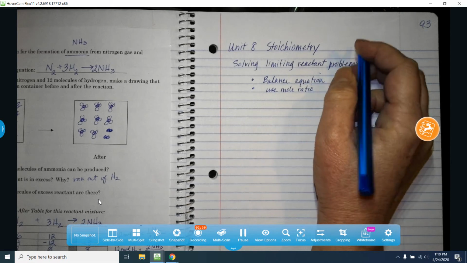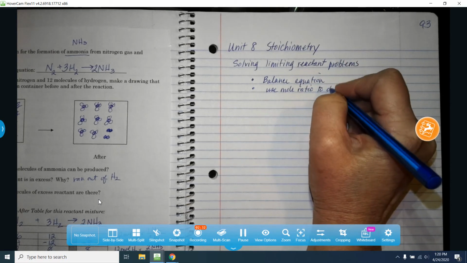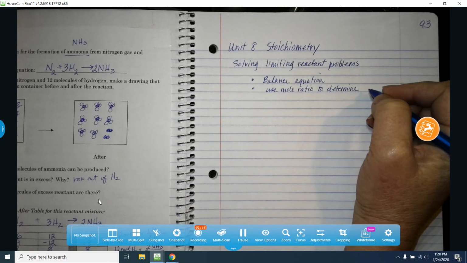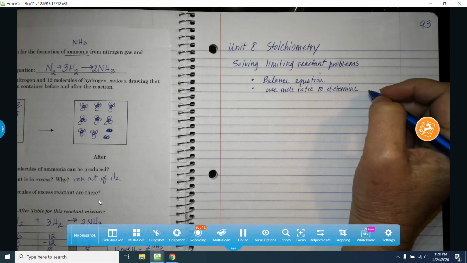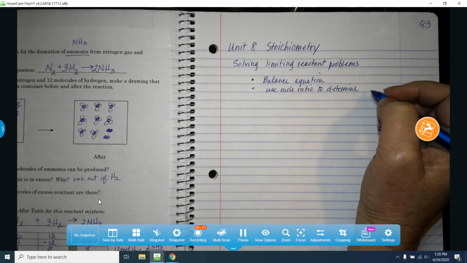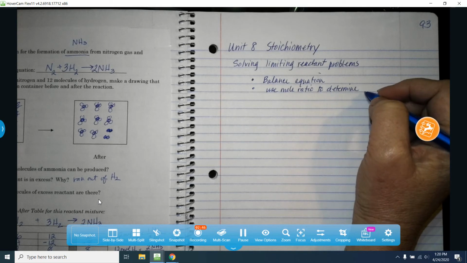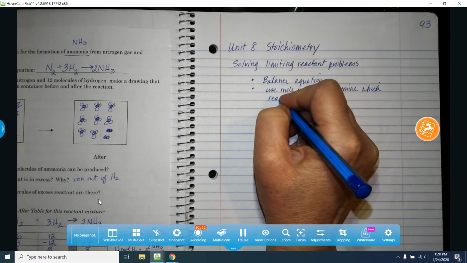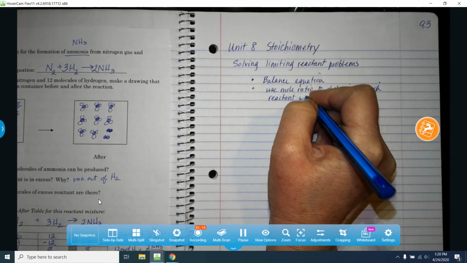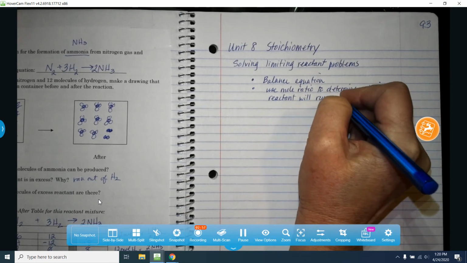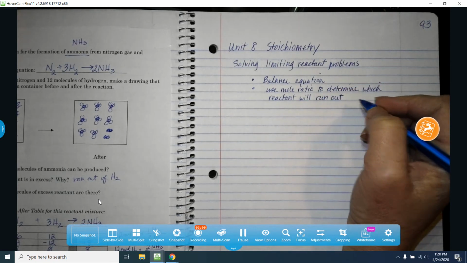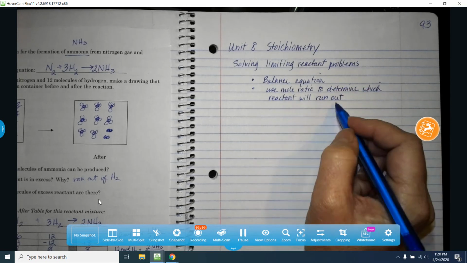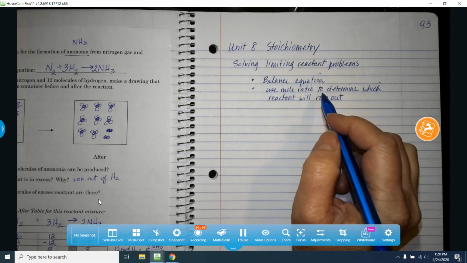You're not going to determine how much product yet, because we don't know which one of the reactants we're going to use in our mole ratio to find the product, but you're going to use a mole ratio to determine which reactant will actually run out first. And then that'll show you what the limiting reactant is.